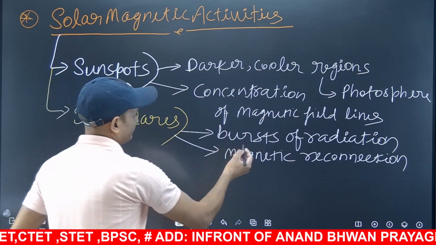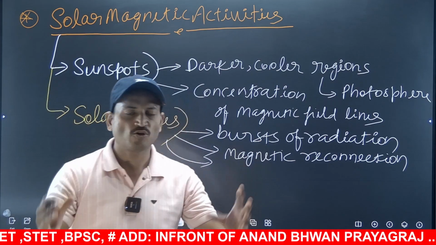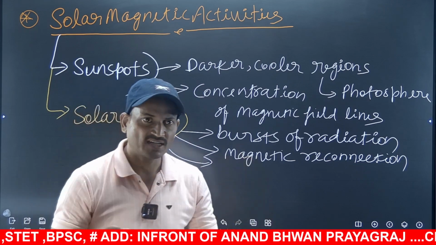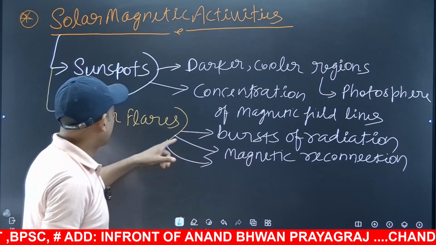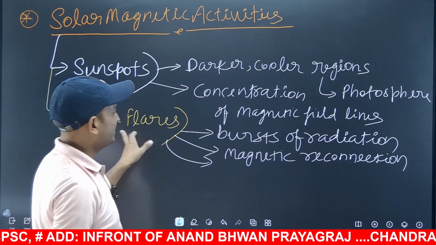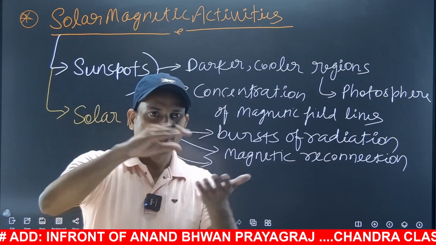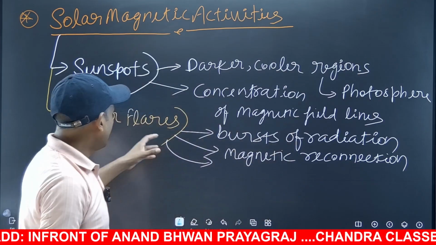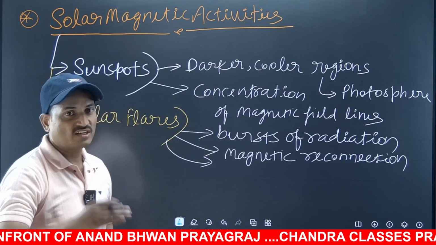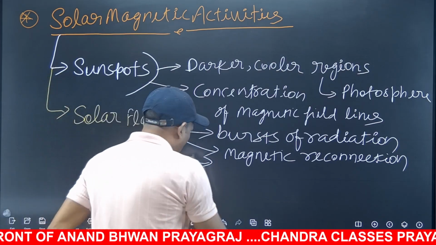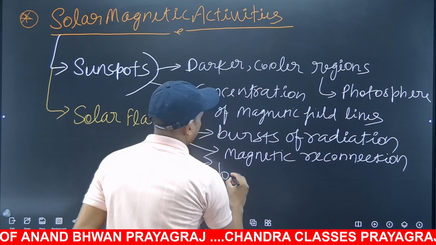And since these are in the form of radiation, the magnetopause of the Earth, which stops the charged particles, cannot stop solar flares, because they are mostly in the form of radiation, and our outermost magnetopause does not much interact with the radiation. That's why they get almost a free pass, and they disturb our ionosphere.